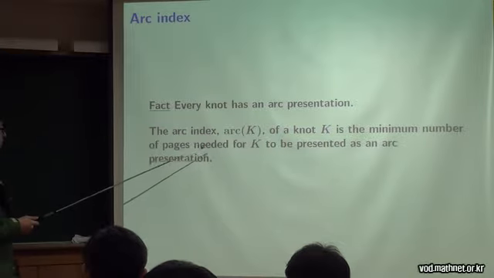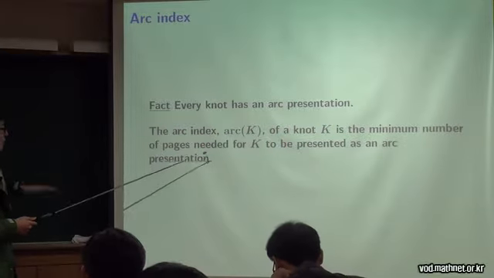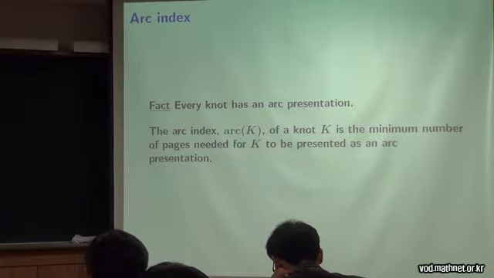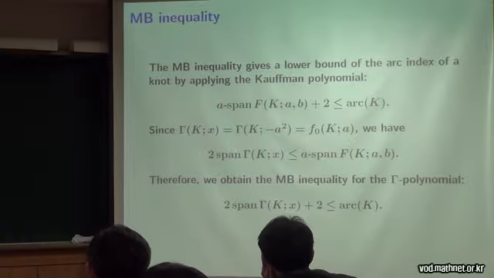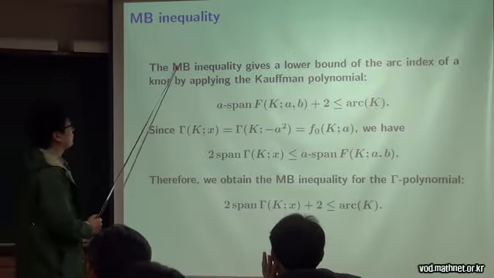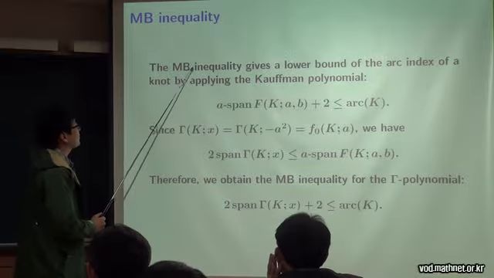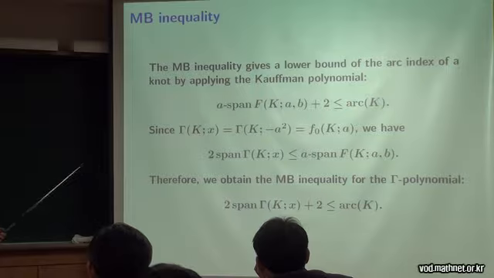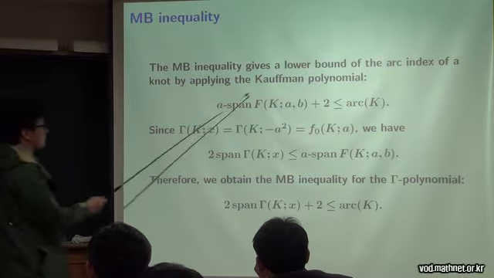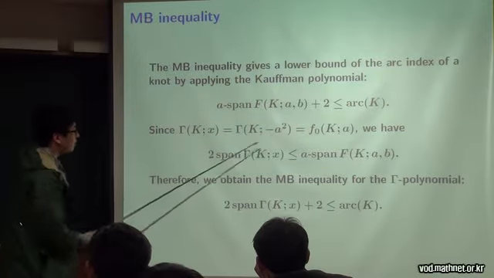We always know an upper bound by using a figure, but we don't know the lower bound. It is known that the Morton-Beltrami inequality gives a lower bound of the arc index by applying the Kauffman polynomial like this.